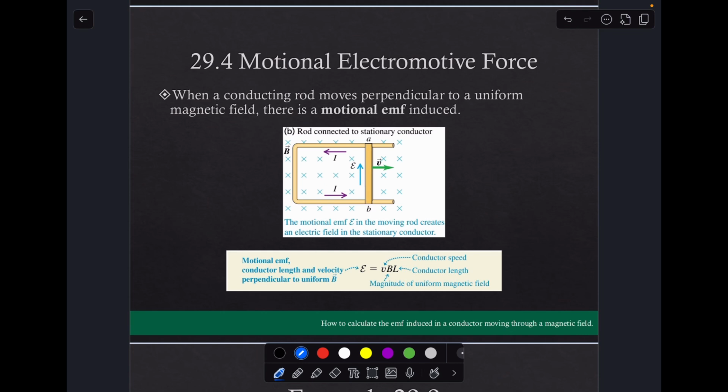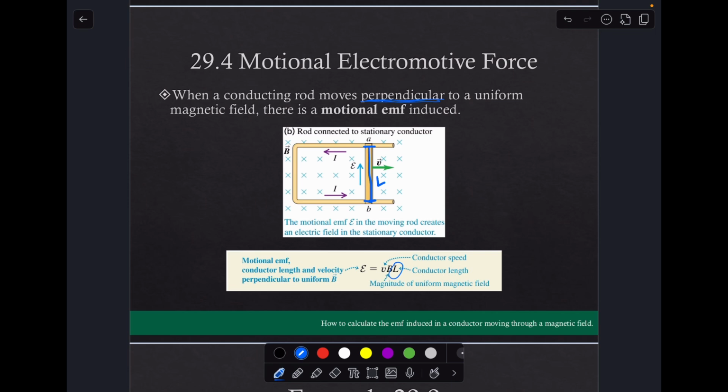We saw this result. And the key word in this result is perpendicular. Okay. When a conducting rod moves perpendicular to a uniform field, there is a motional EMF induced. And what we saw in the derivation is that L, which is the length of the conductor, is this length right here, okay?